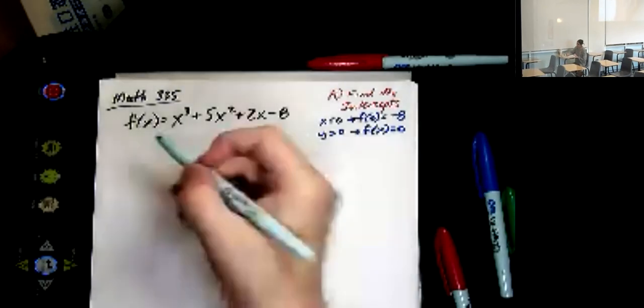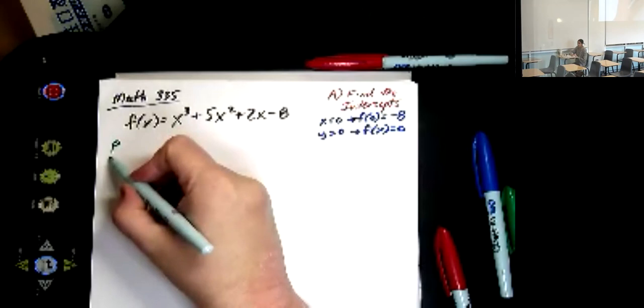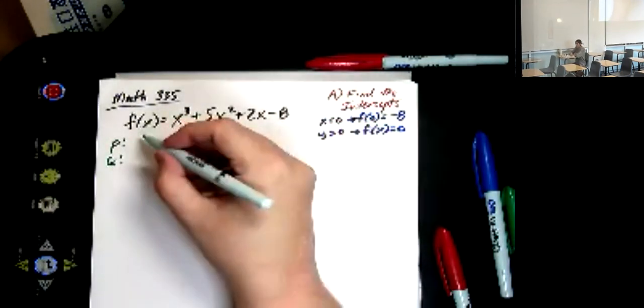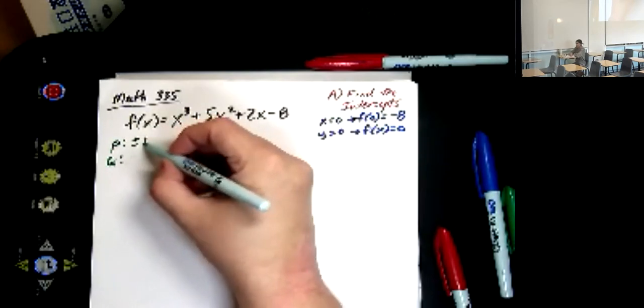So let's do our p's and q's and see what we come up with. P is negative 8, so we could have 1 and 8 or 2 and 4.